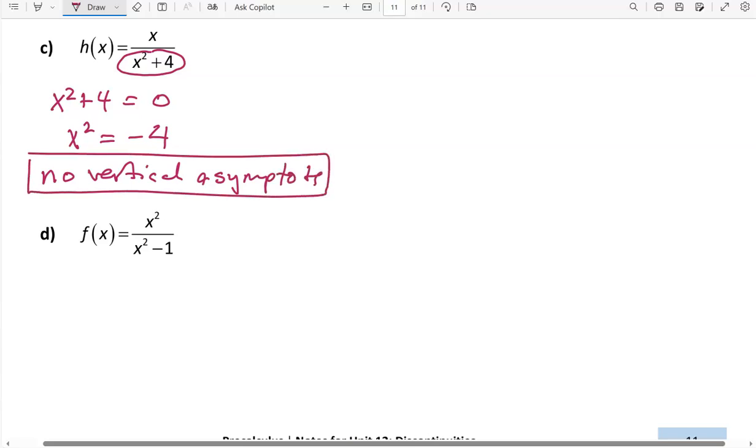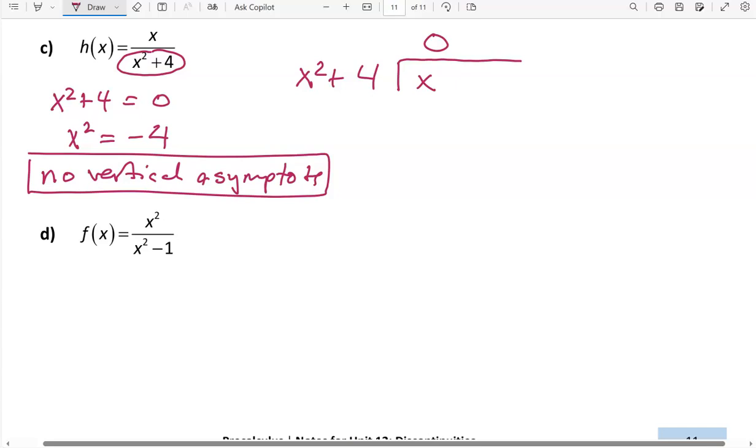We're going to do our long division. So doing the long division, x squared plus 4 goes into x. And you'll notice that first term divided by first term doesn't go evenly. There is no way to divide x by x squared and get a result that's not a fraction. So x divided by x squared goes 0 times.